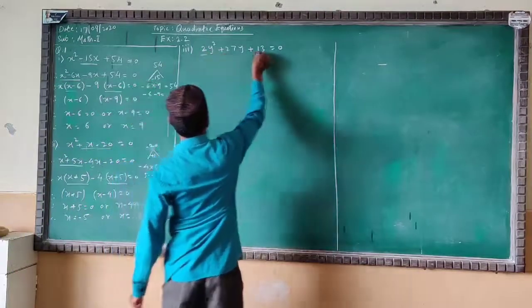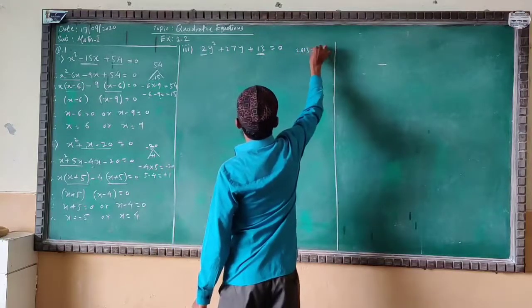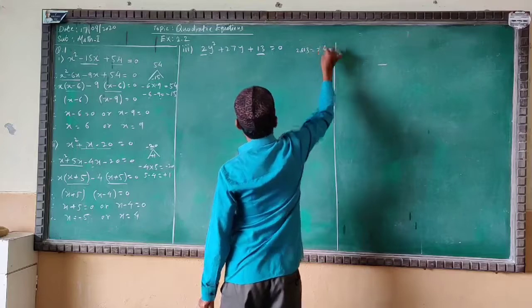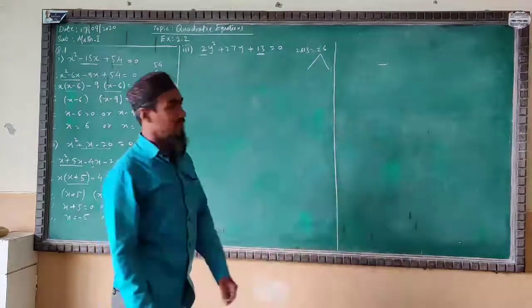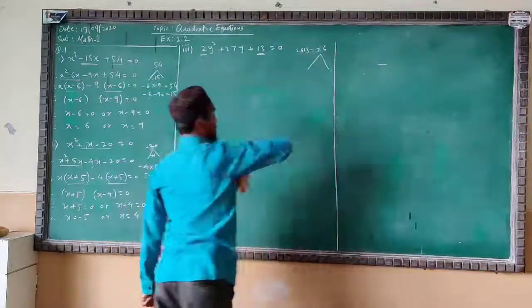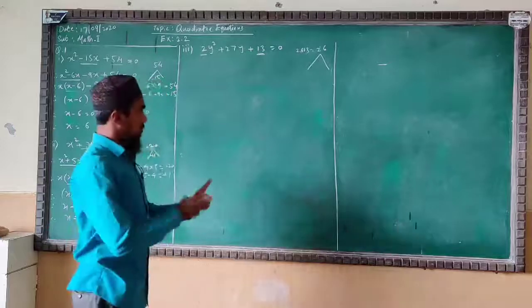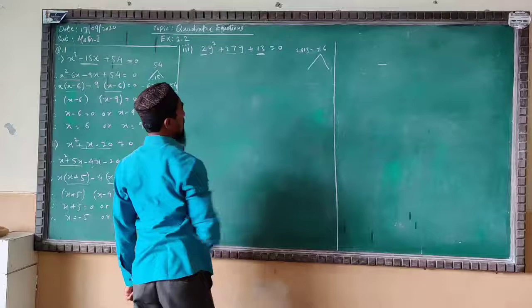We'll take the product of the first and last term, means 2 into 13. 13 2s are 26. So the searching numbers must have their product 26, and the addition or subtraction will be 27.